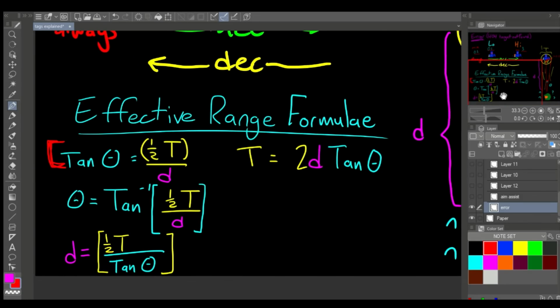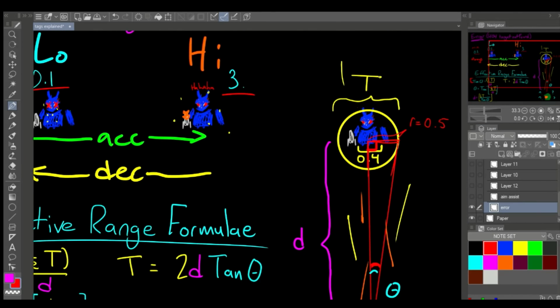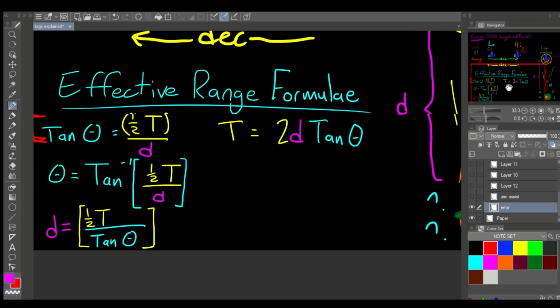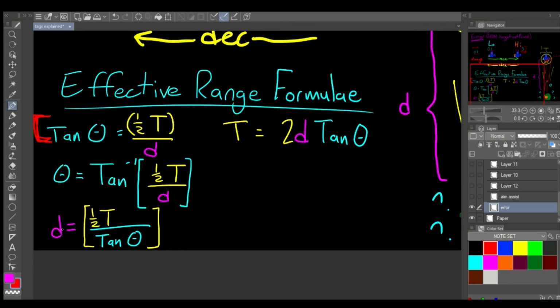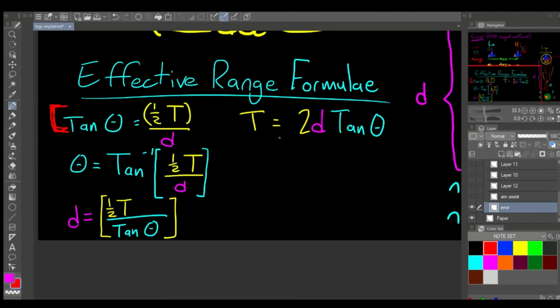So now that we know those things, and we know that theta is our error angle, which we get from up here, we can find out the effective range of the assault rifle. The assault rifle at full auto has an error of 3 degrees. That's how much our fire is going to be skewed by.